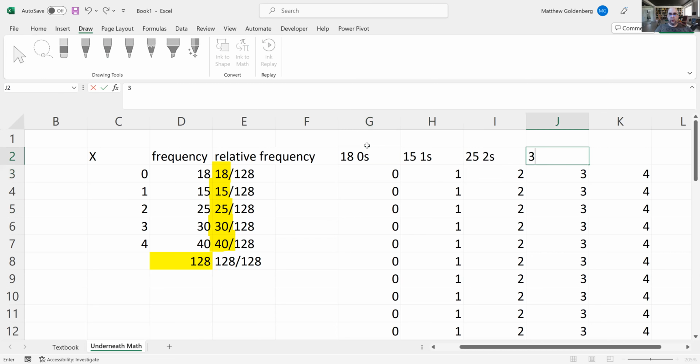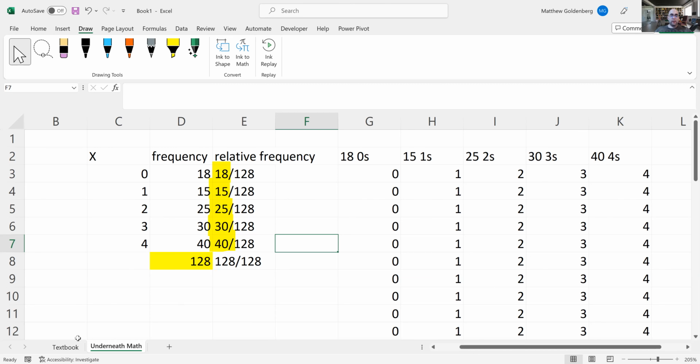You have 30 threes. And you have 40 fours. Given your frequencies, it's not going to always be exactly this because you could have a different data set than I do. I made this up from the back of my head, but you could have different data. But this is sort of the mathematical concept here.